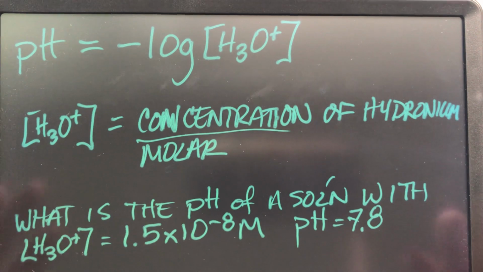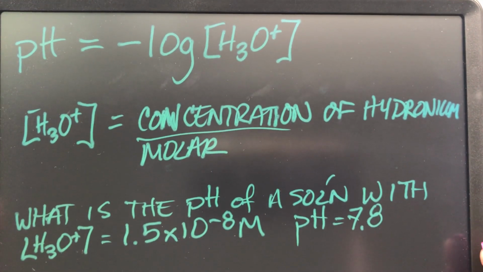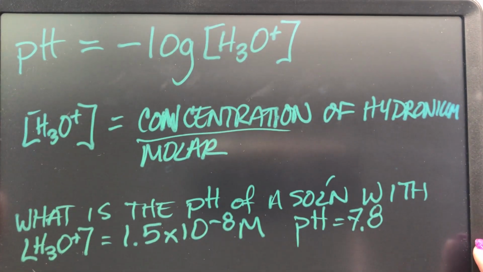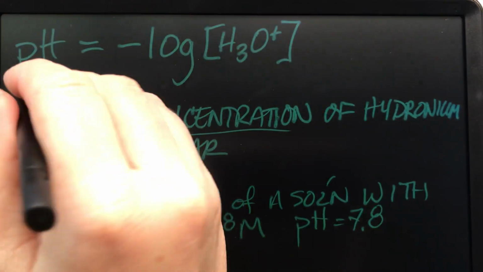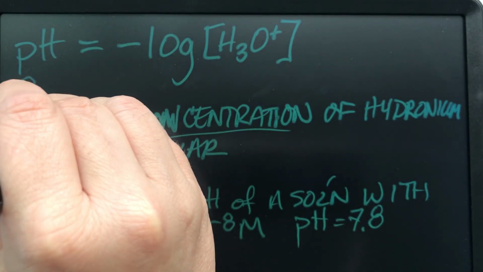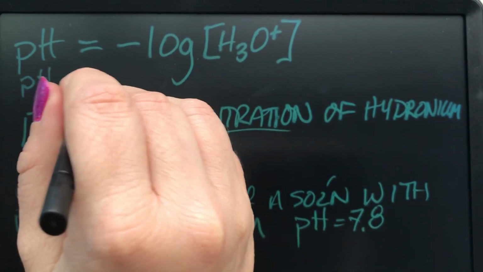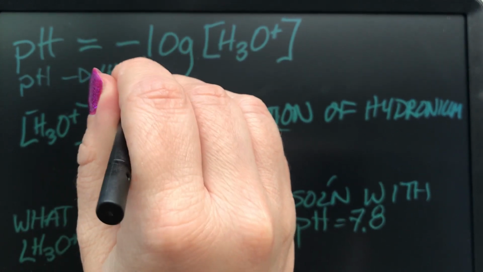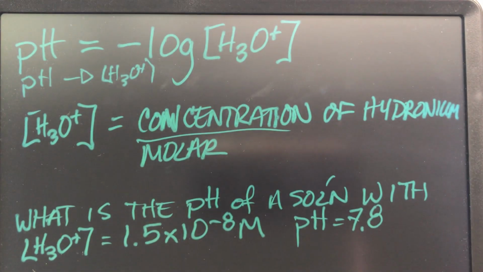Does it get harder? Not really. I would say that pH is probably the easier of the calculations, but going from pH to the acid concentration is a little bit harder.